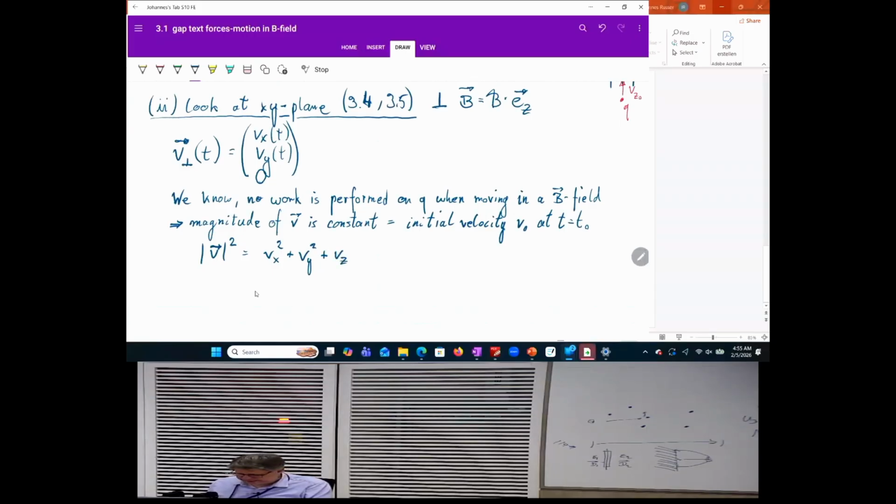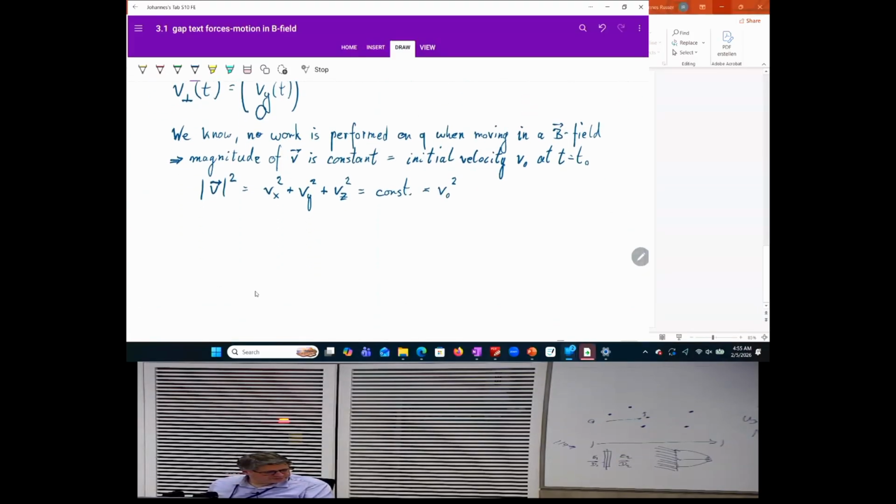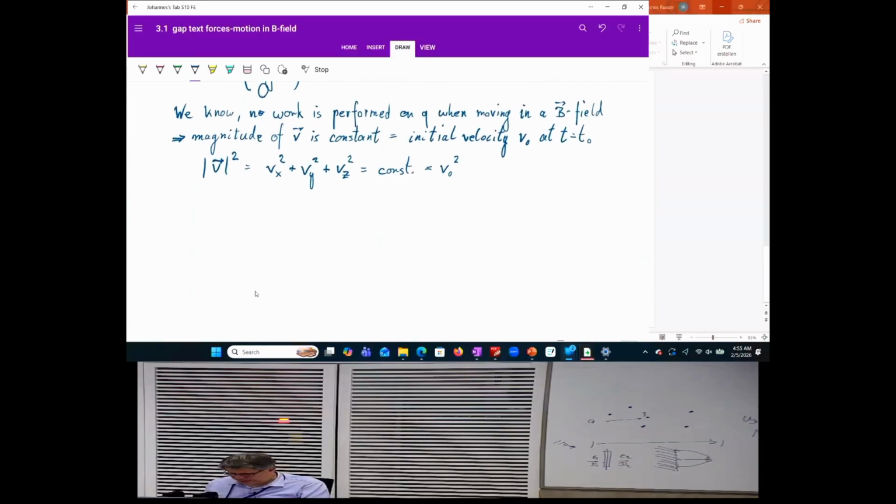These remain constant. This is the square of the initial velocity. As for vz, we have said that it is also constant because it is not altered. So the initial velocity for z remains constant.